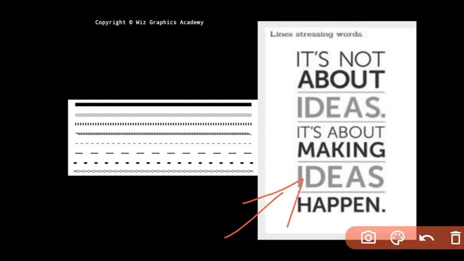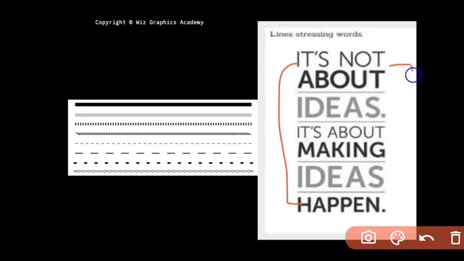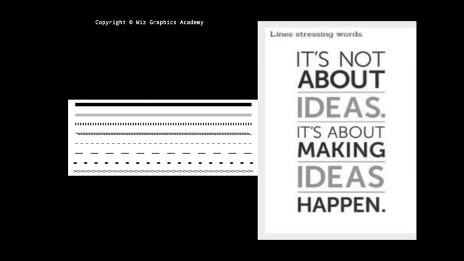Let's see the other one. This is used to separate the words from each other, and it was also used to create hierarchy. If you look at these words very well, you will observe that a line is used to separate them.